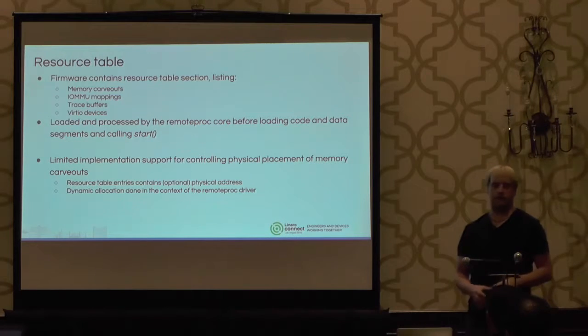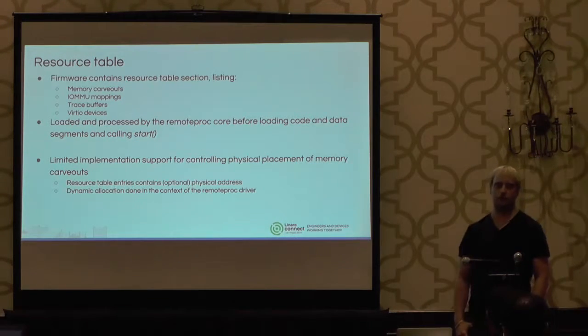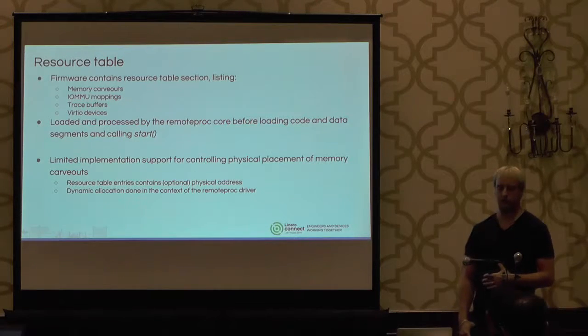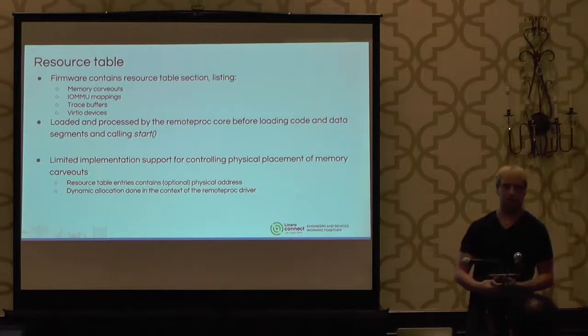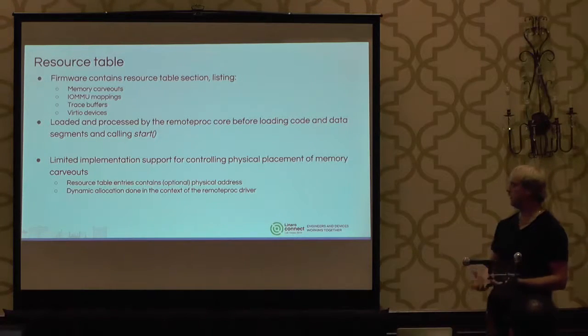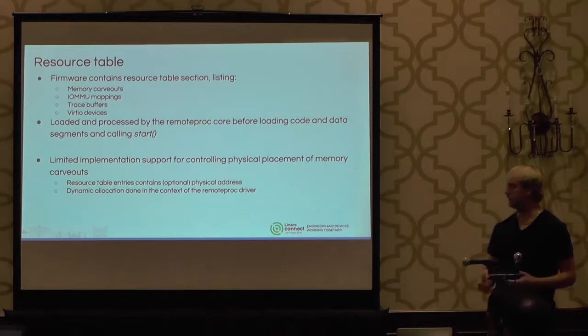So in the ELF file, we have a resource table describing the resources needed by the firmware when it's loaded. So we have memory carve-outs where normally the firmware is loaded, the code and the data, but it could be other things as well. We have IOMMU and trace buffers.